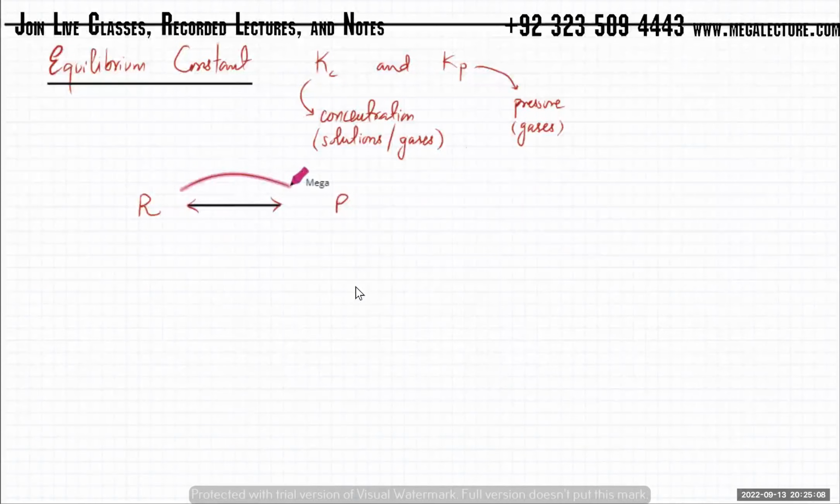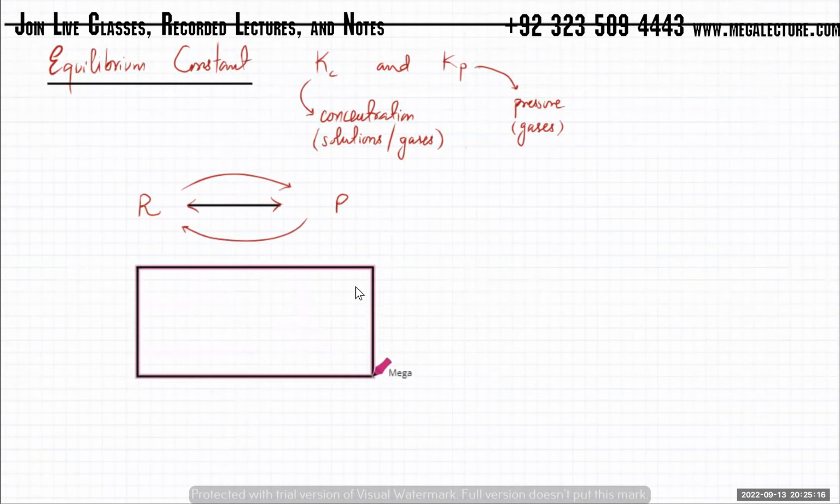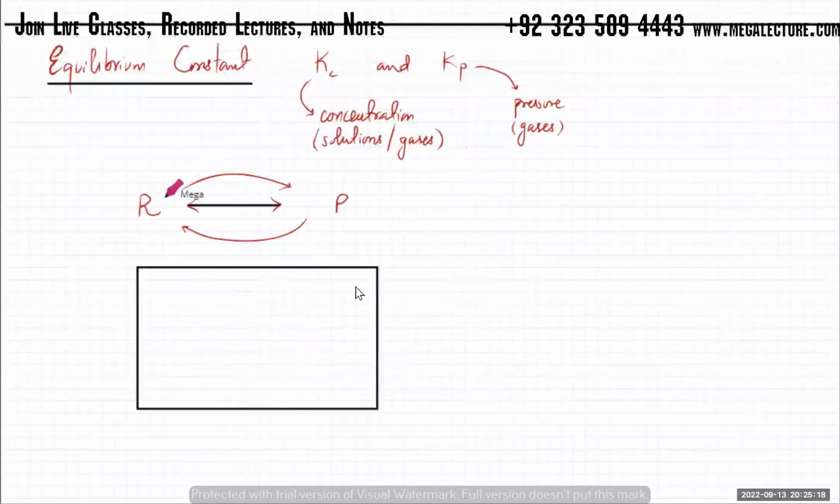Reactants are constantly turning into products, and products are constantly turning into reactants. यानी अगर मेरे पास एक box होगा ना, so in that box, there'll be a bunch of reactant molecules, lots of them, and at the same time, it's going to have a lot of products as well.